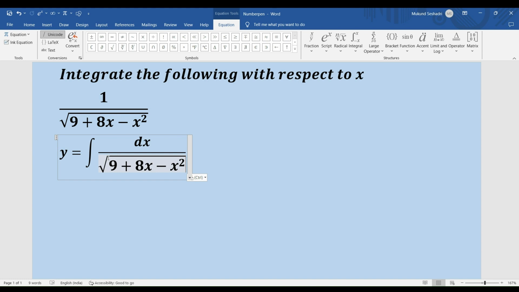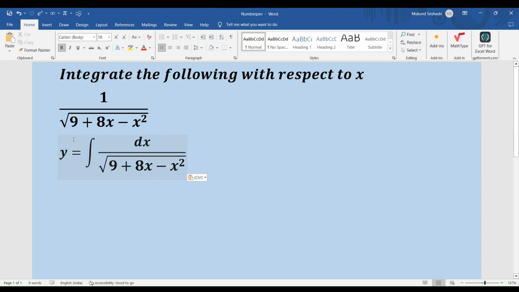In this particular problem, we see that I have a 9 plus 8x minus x square, right? So the most likely format we will arrive at for the quadratic expression is a square minus x square instead of an x square minus a square. And let's see how to go about solving this particular problem.